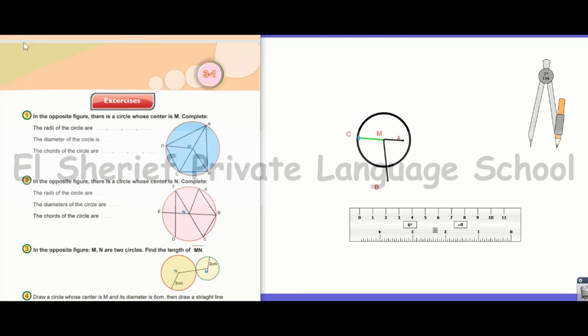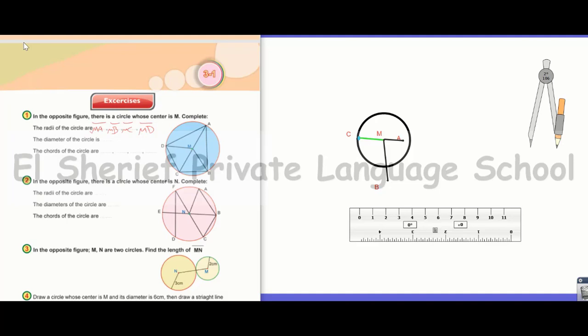So, start from the center M. So, line segment MA, line segment MB, line segment MC, line segment MD. So any line segment between the center and any point on the circle, that means this is a radius.